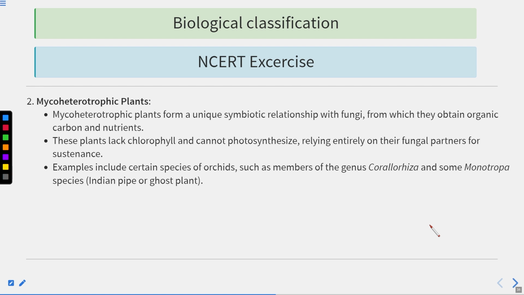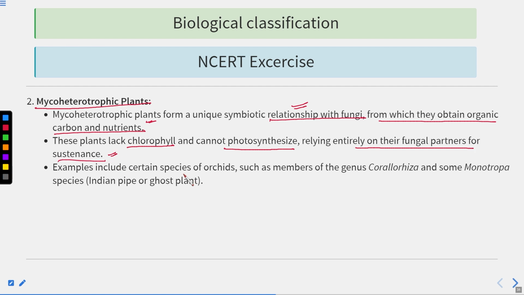Now, mycoheterotrophic plants form a unique symbiotic relationship with fungi, from which they obtain organic carbon and nutrients. These plants lack chlorophyll and cannot do photosynthesis, so they rely entirely on their fungal partners for these substances.